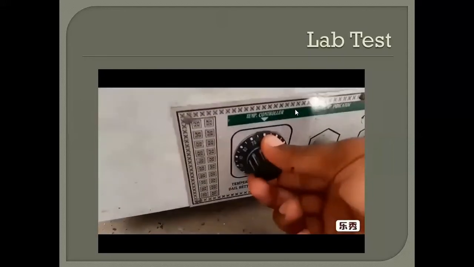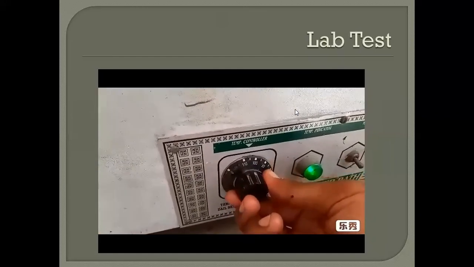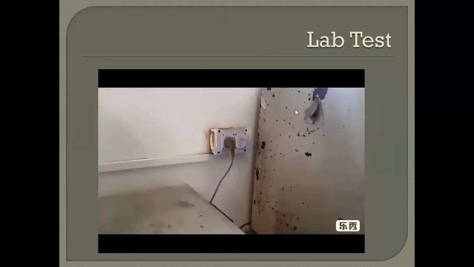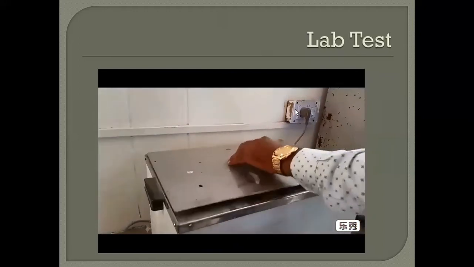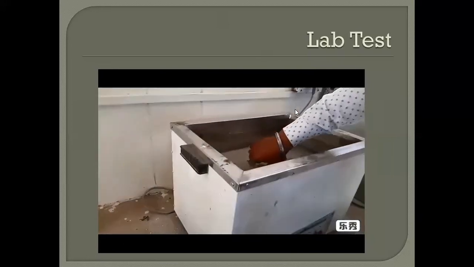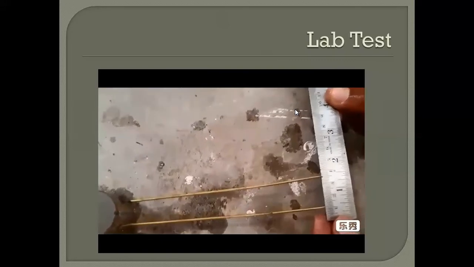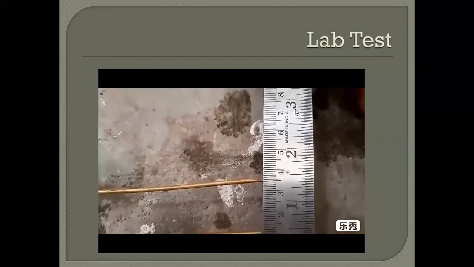So here we are maintaining the temperature at 100 degrees centigrade. After 2 to 3 hours, we need to take the sample and let it cool. After cooling, again we need to check the distance between the two indicators, and here we are getting 2.4.